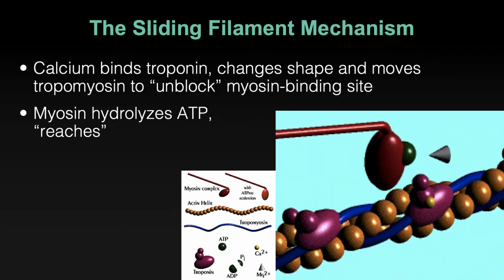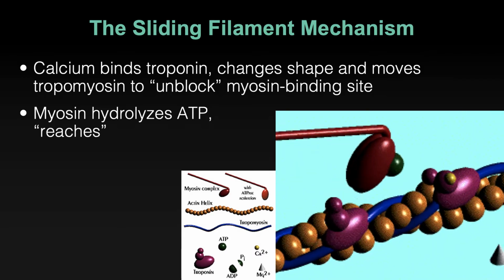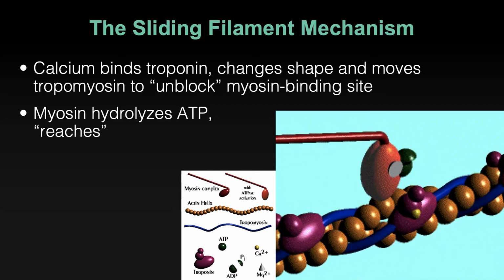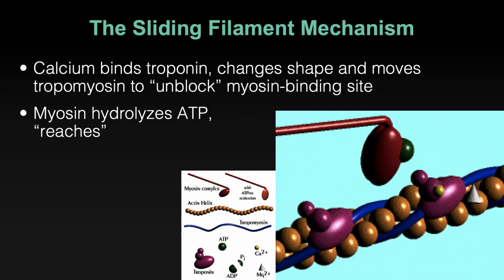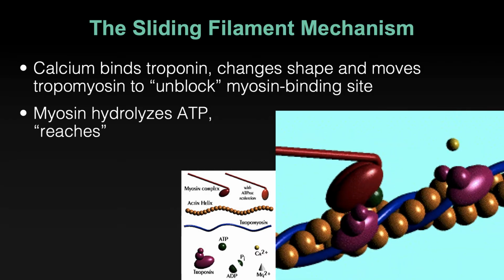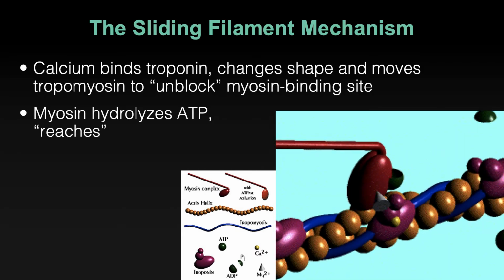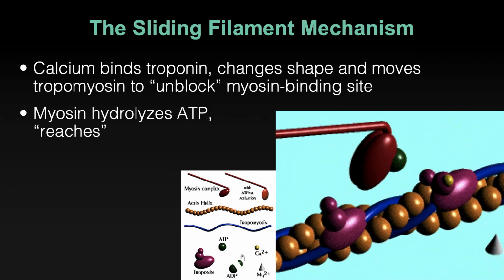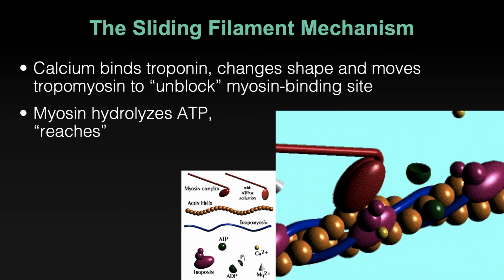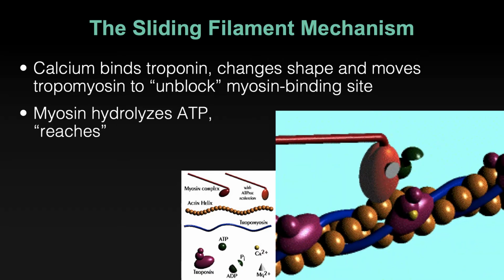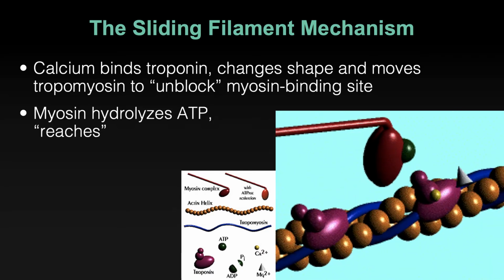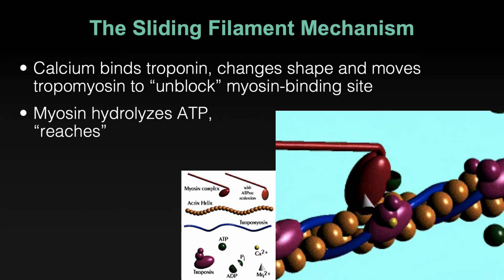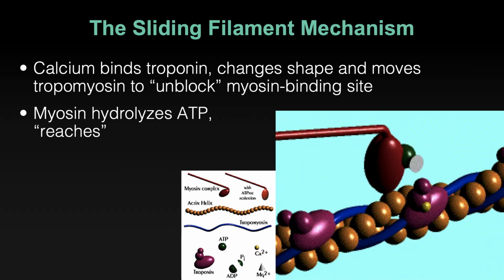In order for there to be shortening, muscle, in order to contract, needs energy. And so myosin will break apart ATP. That's that big dark green sphere that gets broken into two pieces. ATP, we talked about last class, is the energy currency of the cell, and we break it apart to get energy to do work. Myosin breaks it apart to get energy to contract the muscle.